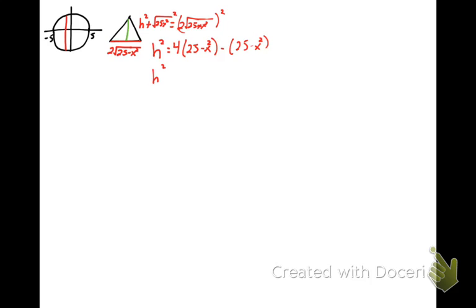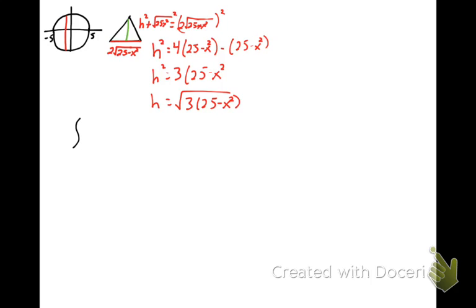So h squared is 3 times 25 minus x squared, or the height itself is the square root of that. So now we have an expression for our base and an expression for our height. So we have a way to set up our integral, because again we're just going to integrate the area of our equilateral triangles.